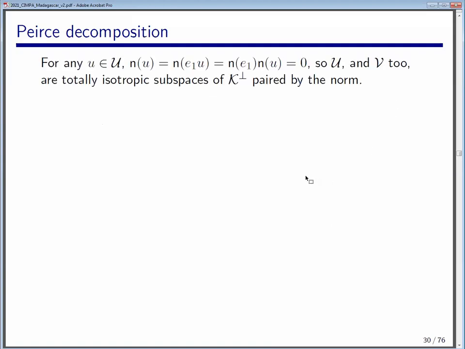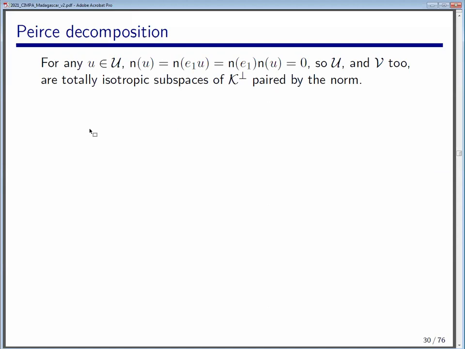And now we compute things to see how the elements in this U and V behave. And it turns out that for any element in U, the norm is 0 because of the multiplicative property of the norm. The same happens with the elements in V. So all the elements in U have trivial norm, 0 norm.